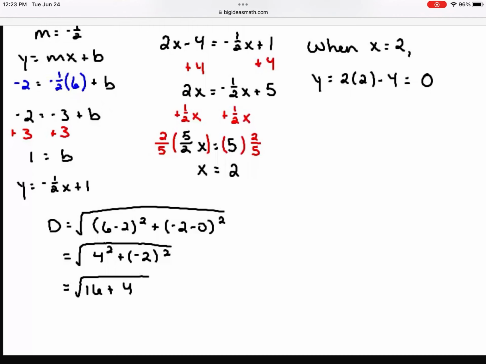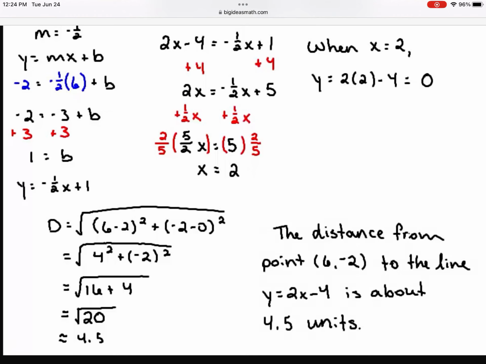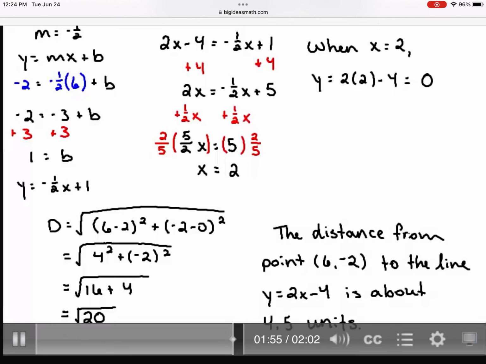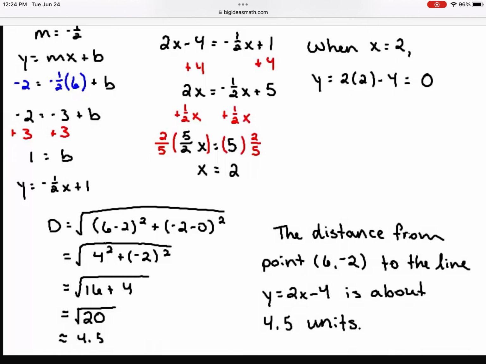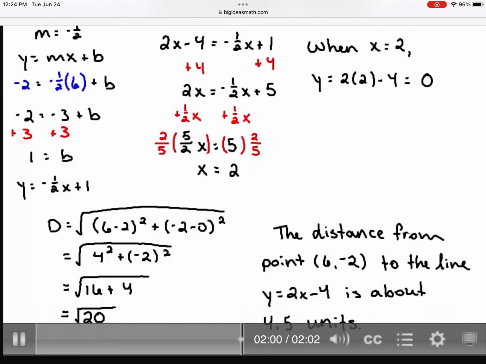Then 16 plus 4 gives you 20, and the square root of 20 is approximately 4 5/10. The distance from point 6, -2 to the line y equals 2x minus 4 is about 4 5/10 units.